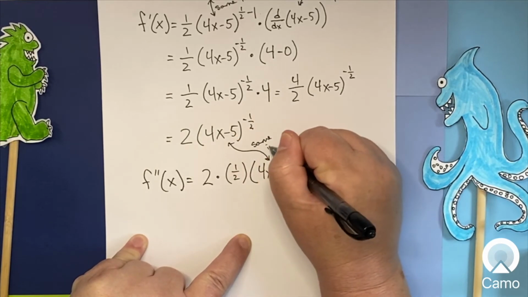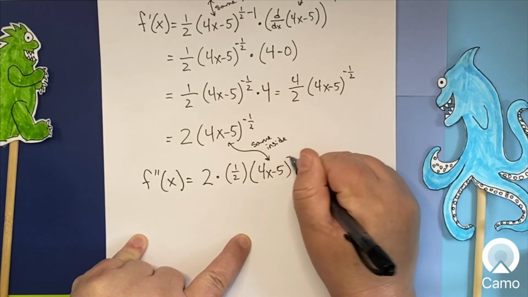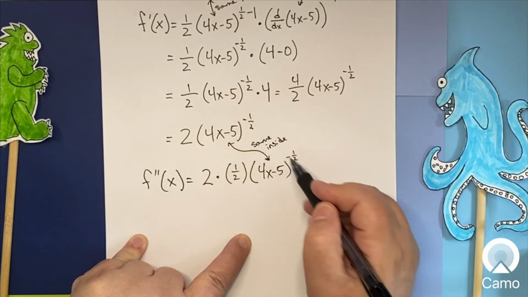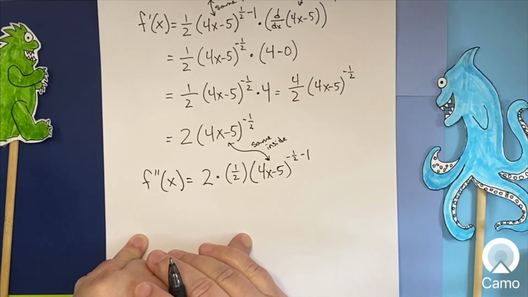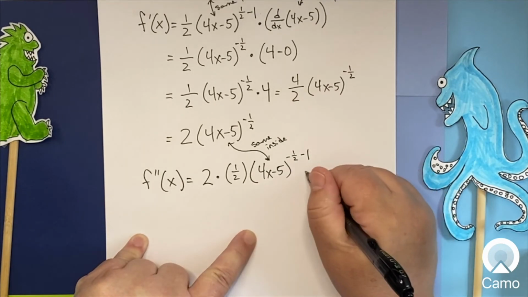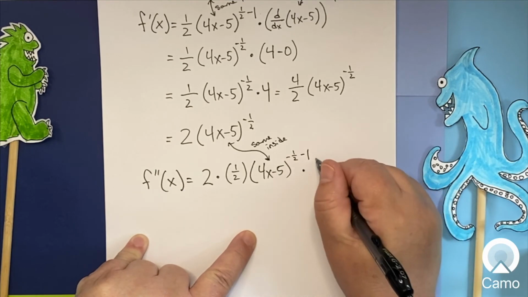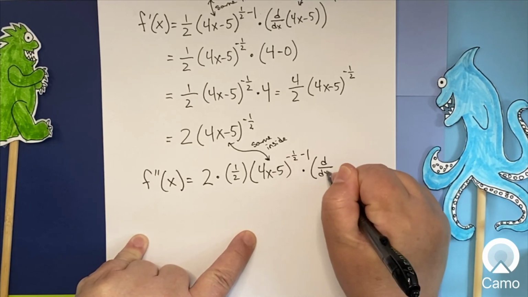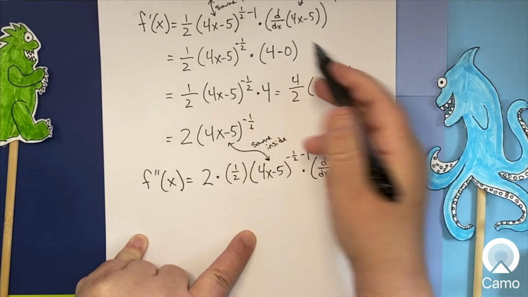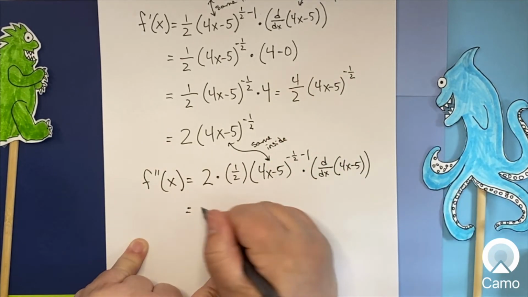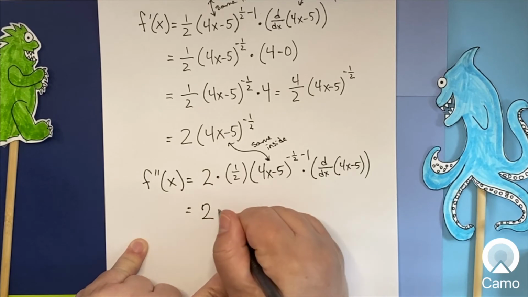And then I'm going to take the derivative of 4x minus 5. Now we know from above that's just the number 4. So let's see, I've got 2 times 1/2, and then the 4x minus 5. Negative 1/2 minus 1 is negative 3/2. Take a moment there if you need to.